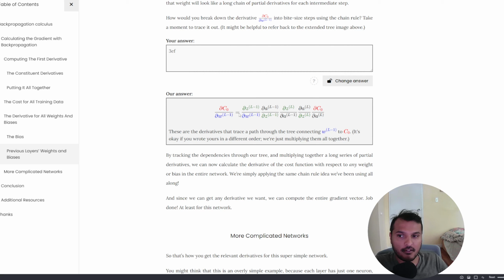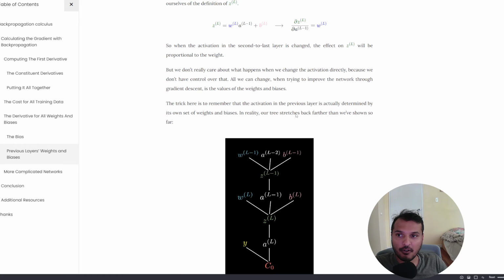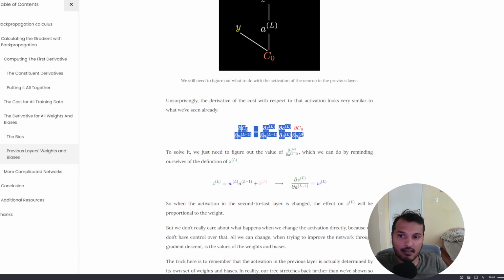Okay, so that's why we have broken down the weight loss into two factors. Now the first factor, that is loss with respect to the activations, would be needed for the backpropagation of layer L-2, because for layer L-1 we use layer L. So for layer L-2 we will need the derivative with respect to activations of layer L-1.